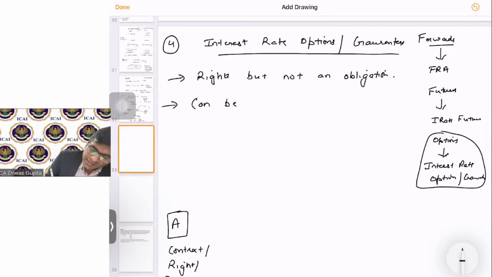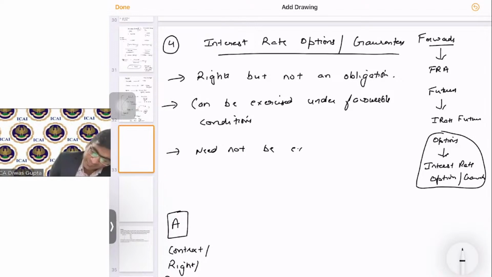So it can be exercised under favorable conditions, and need not be exercised under unfavorable conditions.